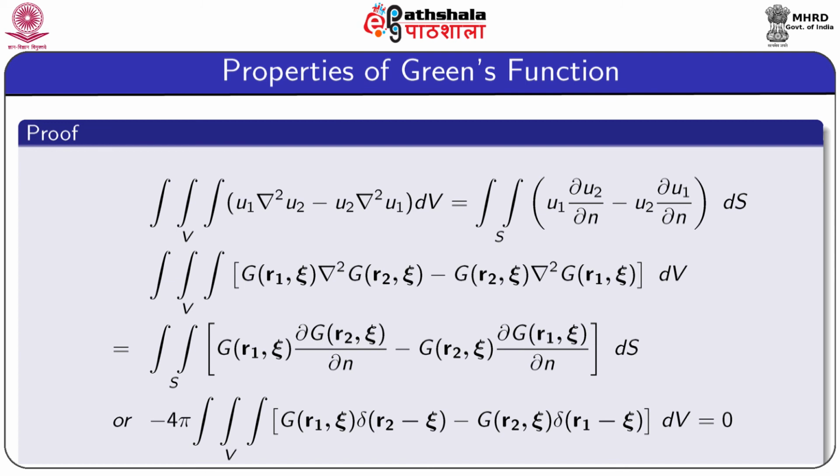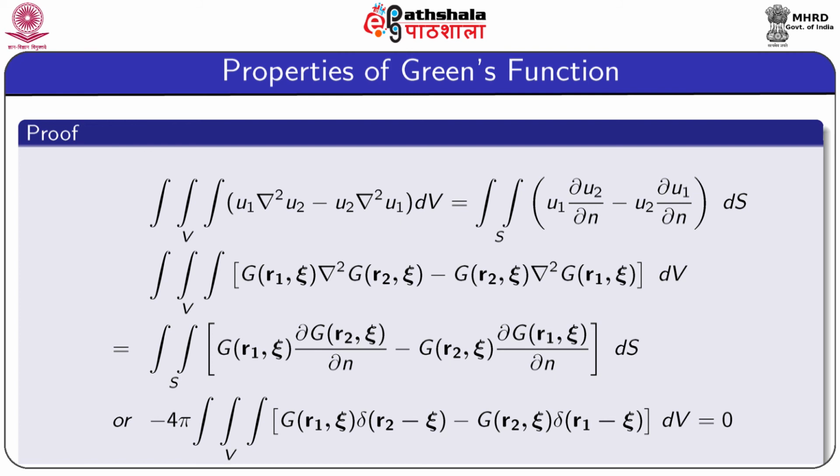and if you see the right hand side, that means the surface integral which you can see in this slide, its value is 0 on S because by assumption G r1 xi is equal to 0 on S and G r2 xi is equal to 0 on S. Therefore, this relation becomes volume integral of G r1 xi into delta r2 minus xi.